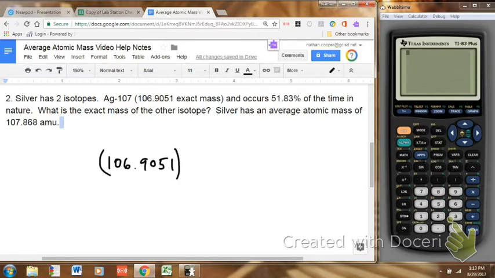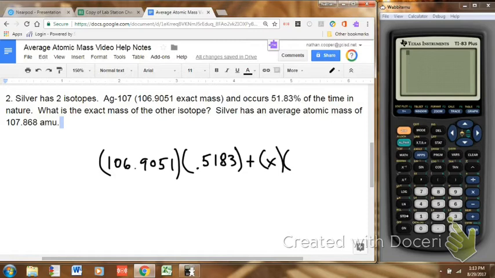I know the abundance of that isotope, and that's 51.83%. I want to know what the exact mass of the other isotope is, so there's my x. Also, I'm not given the percent, so I need to take 100 minus the 51.83 to get the percent of the silver isotope that I'm looking for the mass.